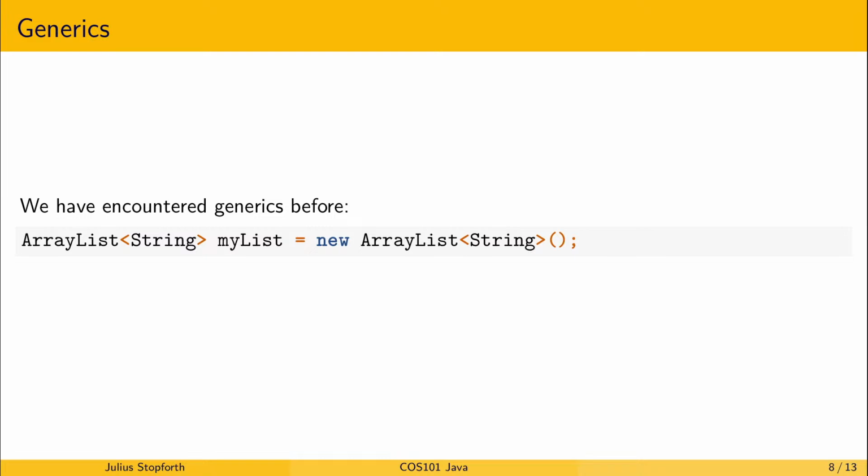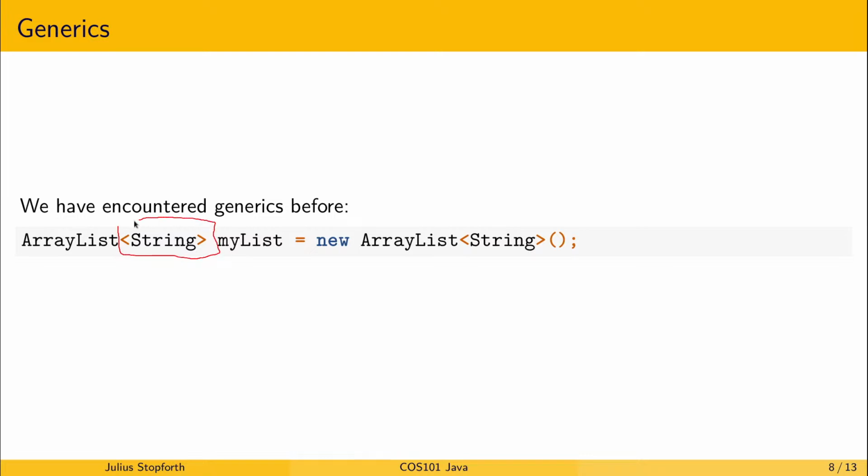But how is an ArrayList to know what type to store and create? It uses the concept of generics, and we're going to look at the ArrayList documentation as well as the Comparable interface.